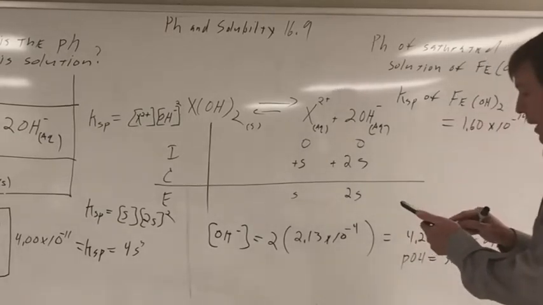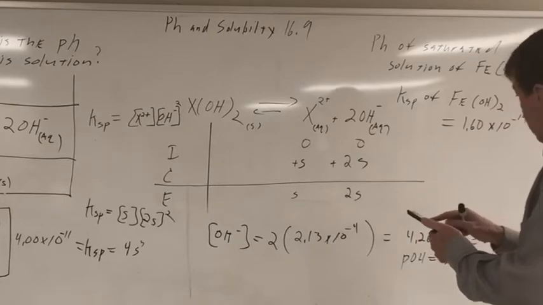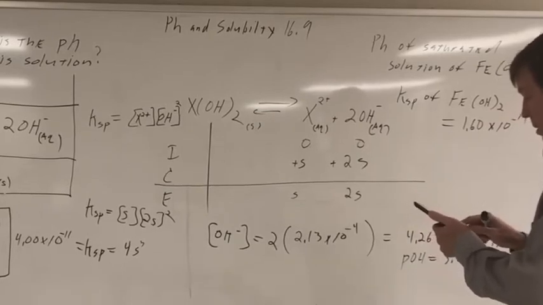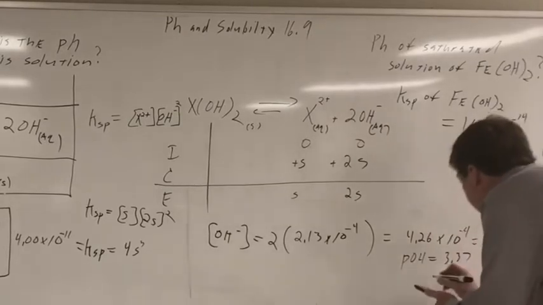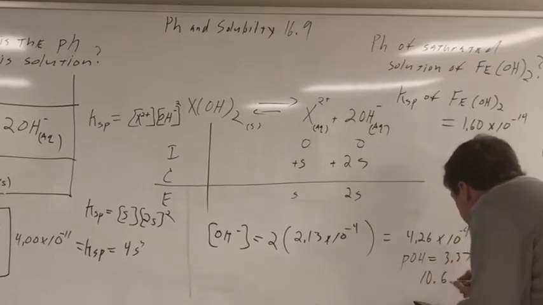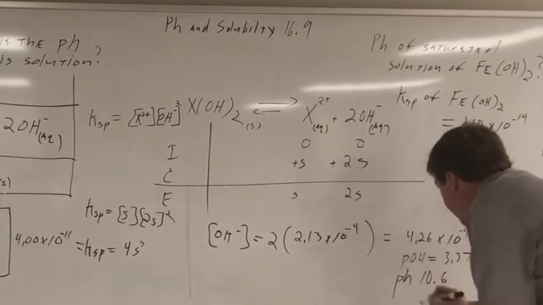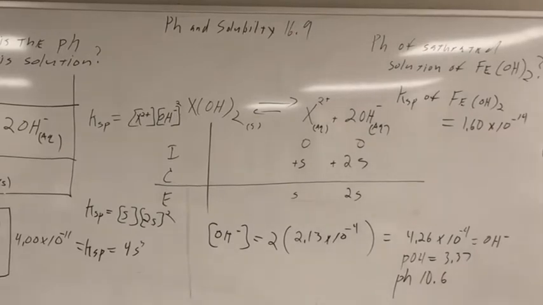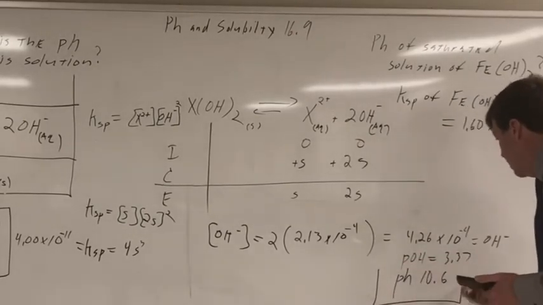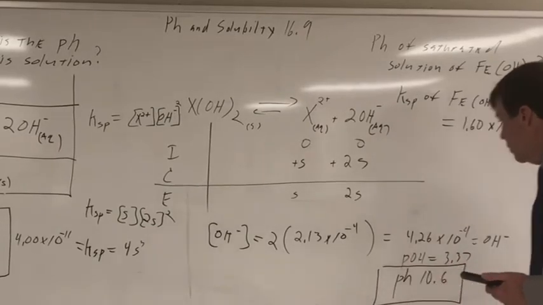And let's subtract that from 14. And we're going to get a pH of 10.6. Let's get in good habits of boxing our final answer here.